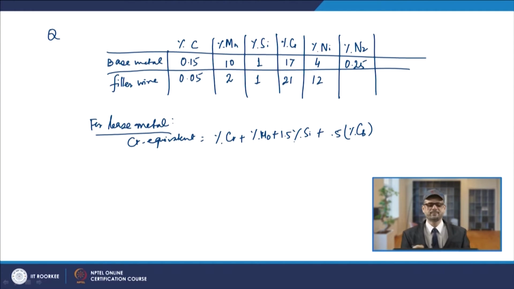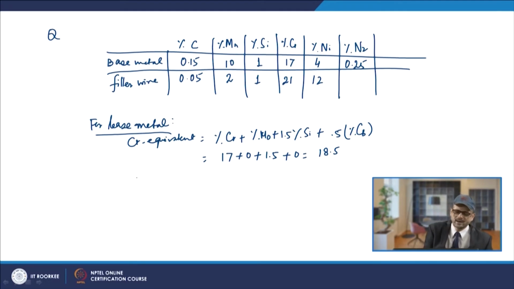Percentage chromium is 17, molybdenum is not there, 1.5 times silicon gives 1.5, and columbium is not there. So, you will have 17 plus 1.5, that is 18.5.